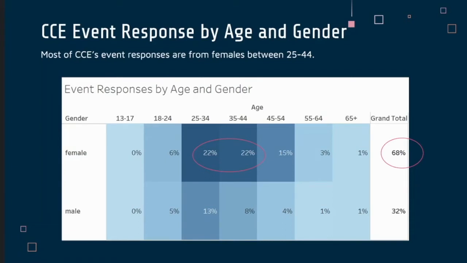In addition, the overall response rate is majority female, making up 68% of the total response. And most of CCE's events are geared towards college and high school students, like I said previously, between the ages of 13 to 24, which, according to the graph, is not the most engaged audience as we would have anticipated on the Facebook platform.